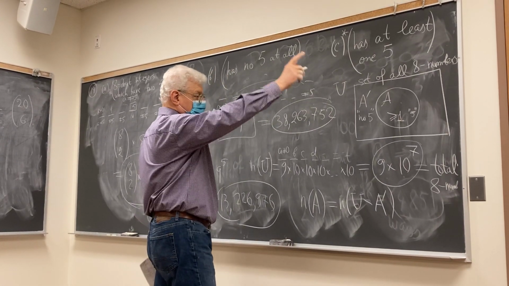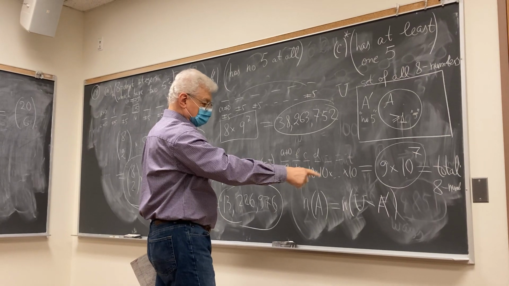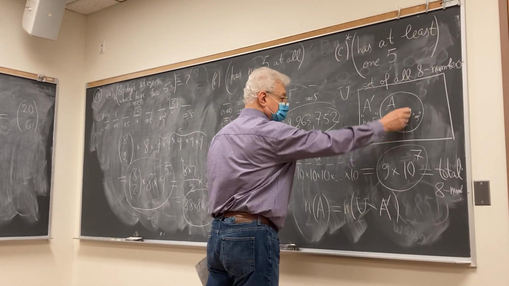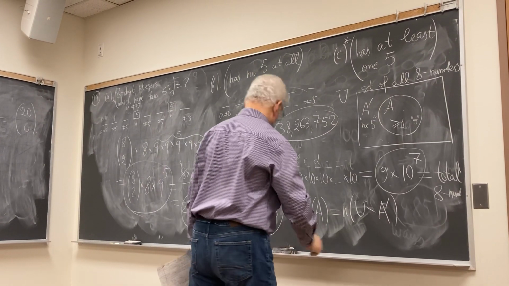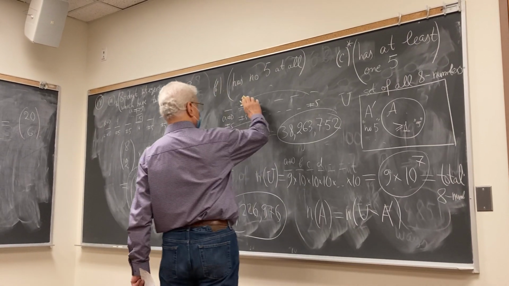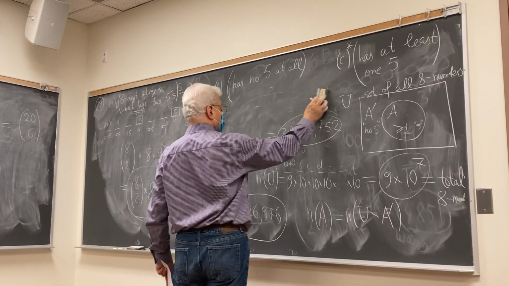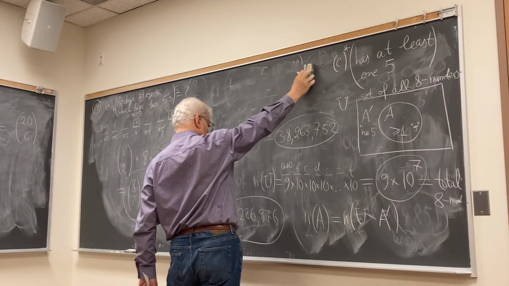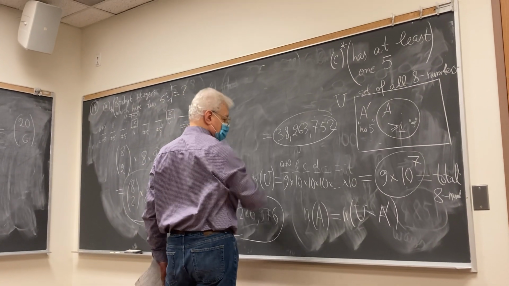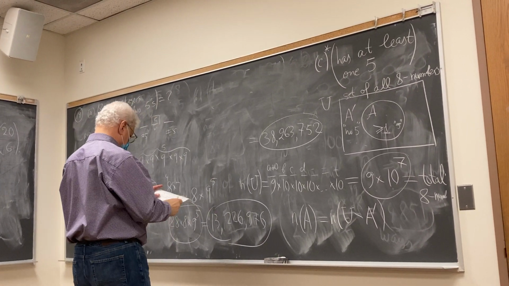So we have to subtract the number of elements in here, and you'll find the number of elements there. So the answer is, where can I find? I think I erased that.